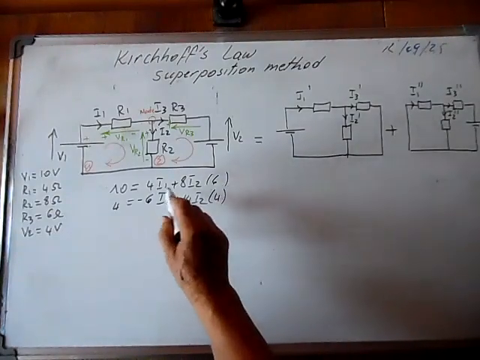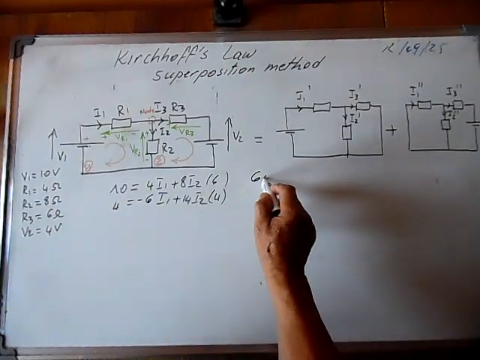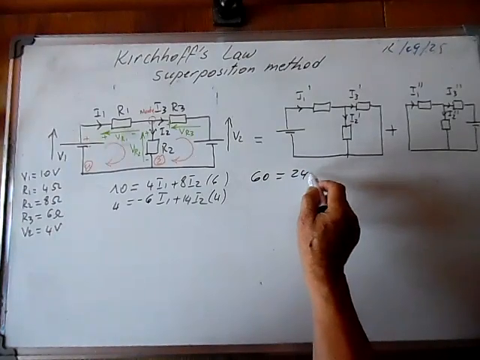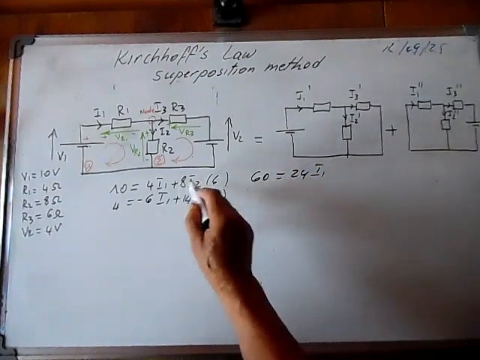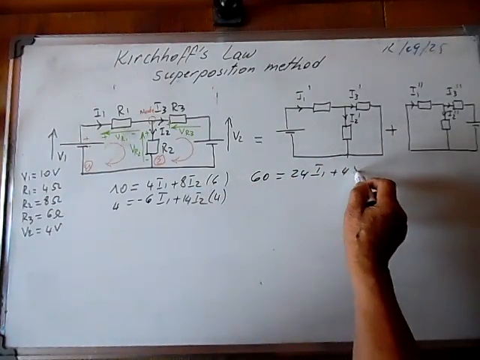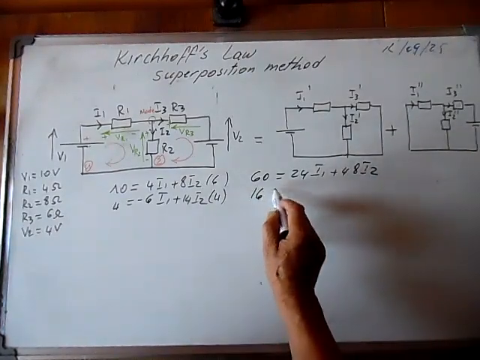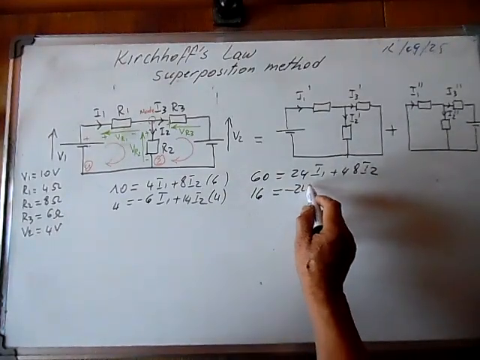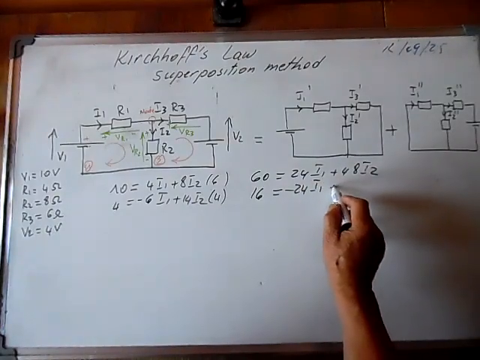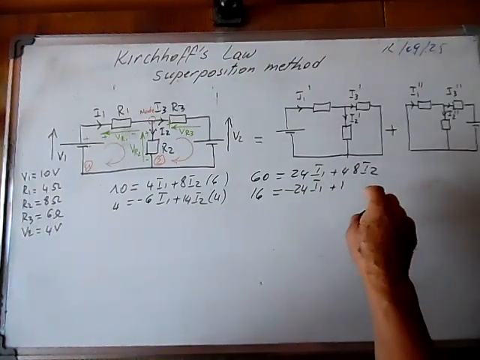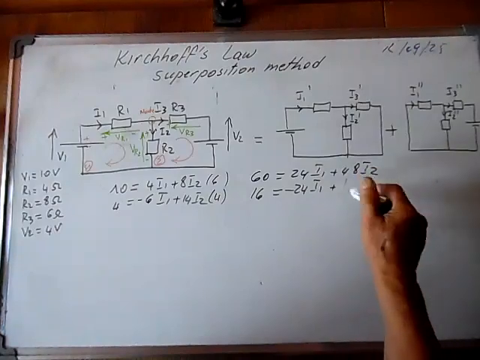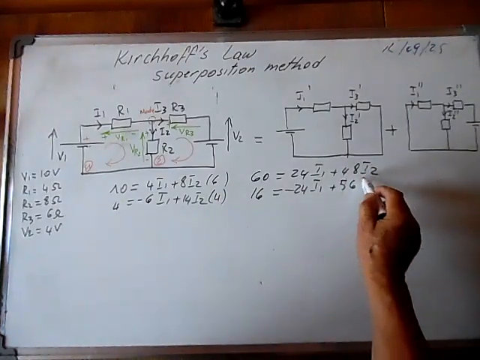So 6 times 10, 60, 24 I1, and 6 times 8, 48 I2. Here we will have 16 is equal to minus 24 I1, and here is 56 I2.